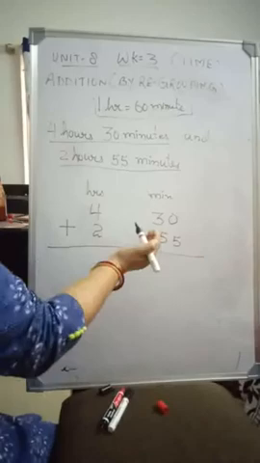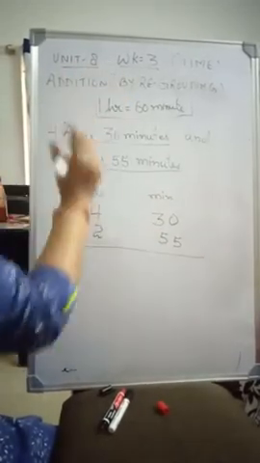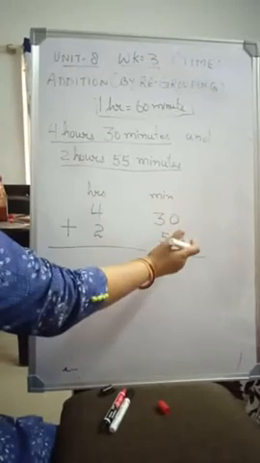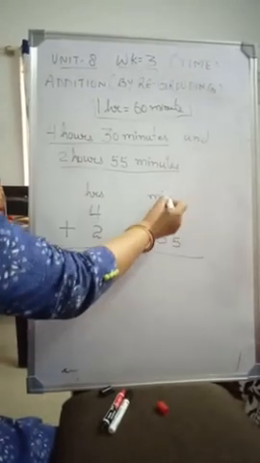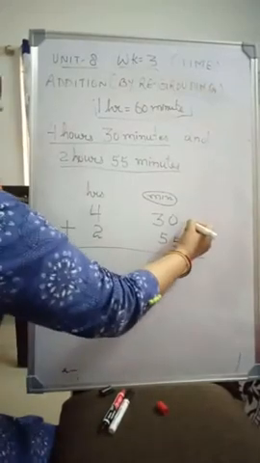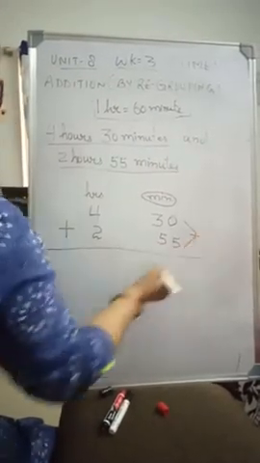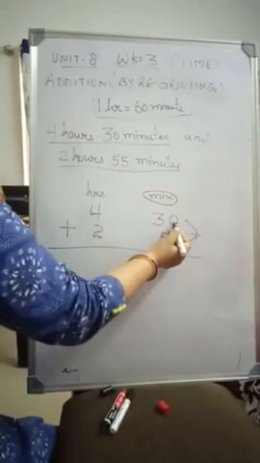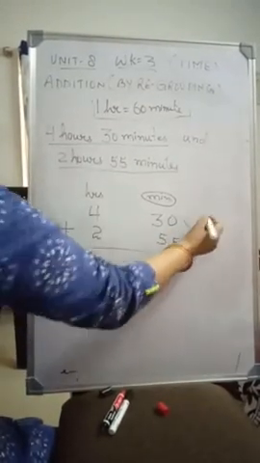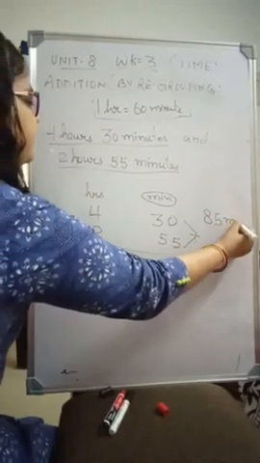To the right side. So here also when we are doing addition related to time, we will start with this right hand side. We will start with the smaller unit, that is minutes. So firstly we will add 30 and 55. When they are added, it will give you 85 minutes.